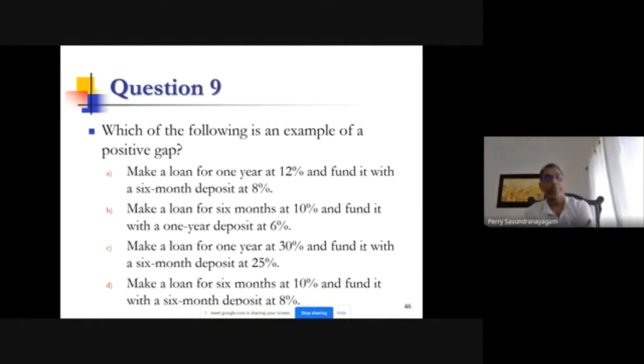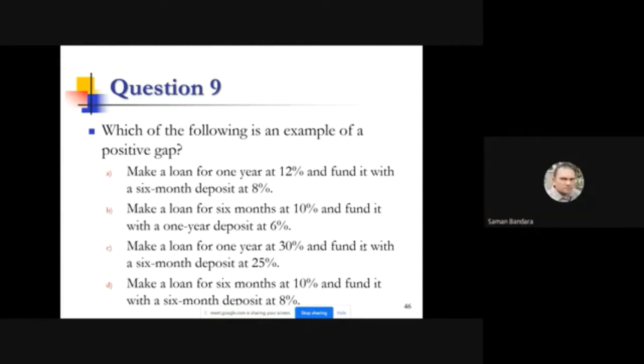Which of the following is a positive gap? Make a loan for 1 year at 12% and fund it with a 6-month deposit at 8. Make a loan for 6 months at 10 and fund it with a 1-year deposit at 6. Make a loan for 1 year at 30 and fund it with a 6-month deposit at 25. And make a loan for 6 months at 10 and fund it with a 6-month deposit at 8. What is the positive gap? B?